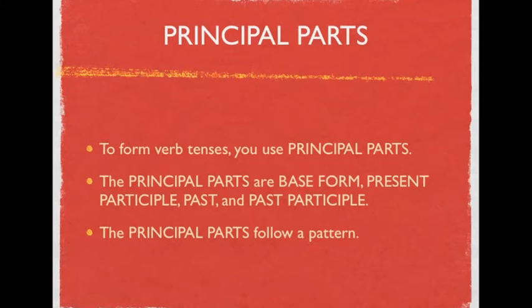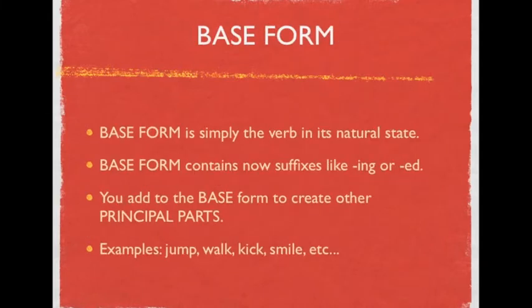They follow a pattern, and when you get to the base form, it's the verb in its natural state. Oftentimes the present. It doesn't have suffixes like ing or ed. That should say no suffixes instead of now. It's my typo. I'll have to fix that.